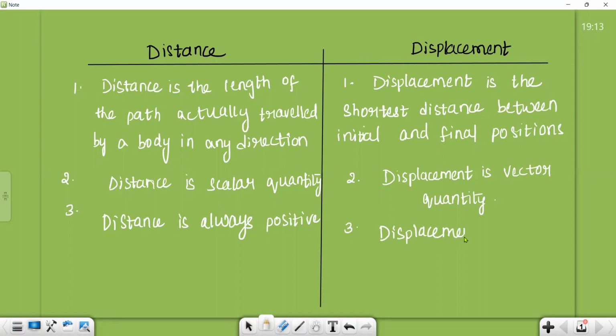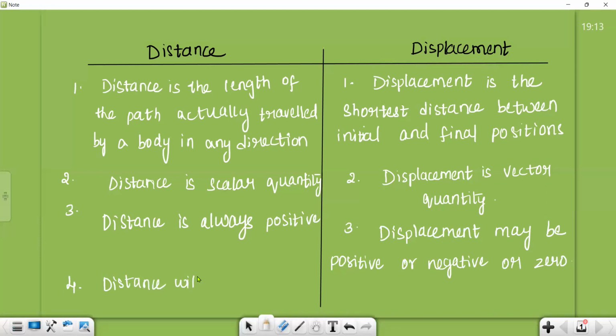Displacement may be positive or negative or zero. All these cases we discussed, right? Yes, ma'am. And distance will never decrease, whereas displacement may decrease, because we are considering only the shortest path.